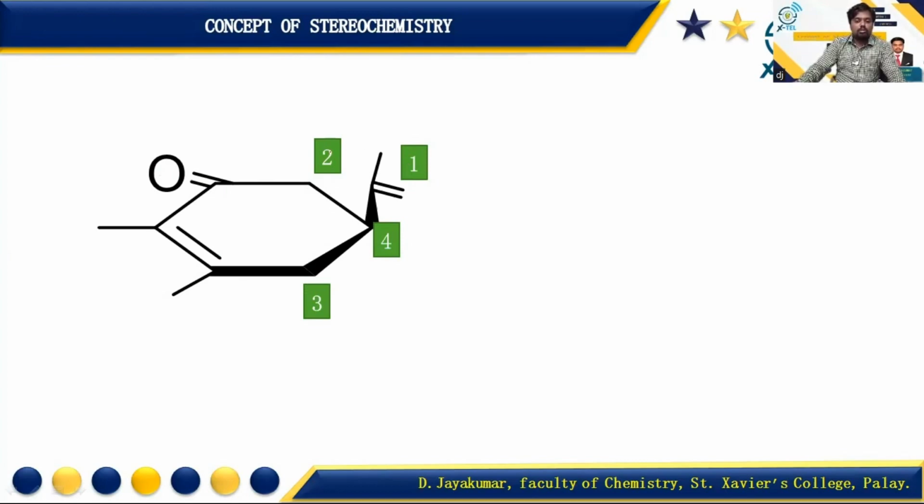So our eyeball goes this way, 1 to 2 to 3. Correct? So how does it go? We translate the 3 dimensions to 2 dimensions. So here I am standing, watching the molecule. To my head, I'm having 1. To my legs, I'm having 4. To the right, I am having 2. To the left, I'm having 3. So I'm moving from 1 to 2 to 3. And the fourth priority is vertically down, meaning it is away from me.